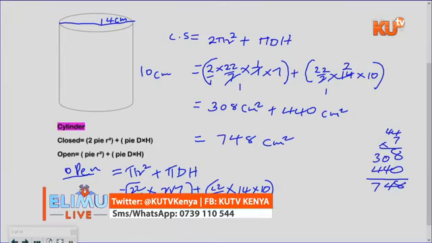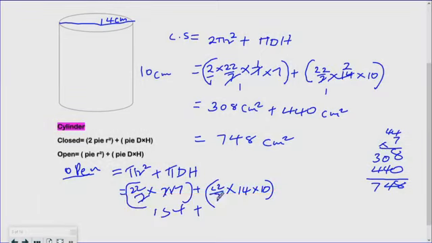What are you left with? You're left with 154. Plus this one, we had already worked it out. What did we get? We get 440. So you just take 154 plus 440. So the answer here is going to be 594 centimeter squared.